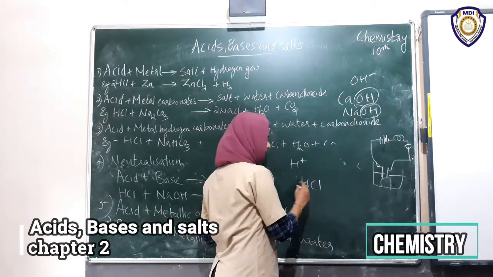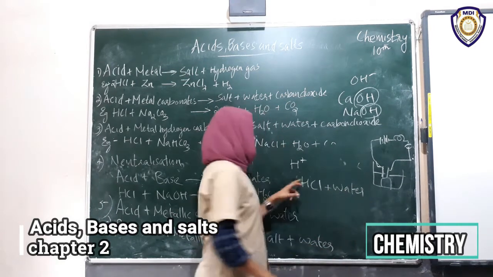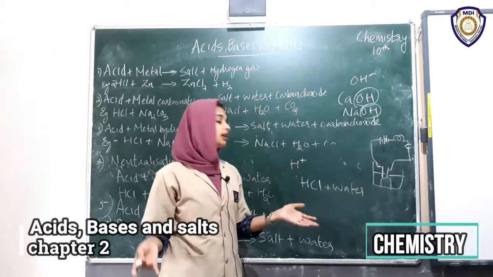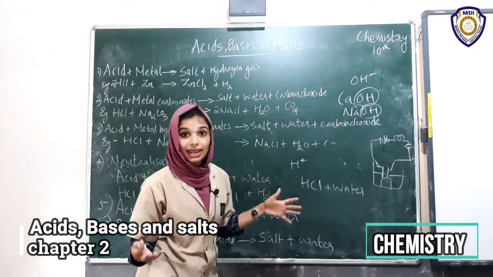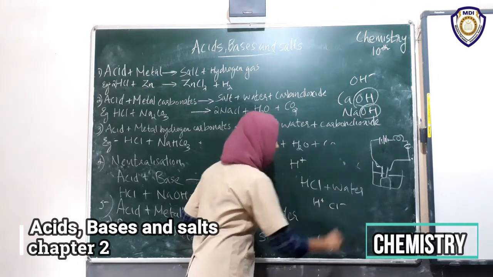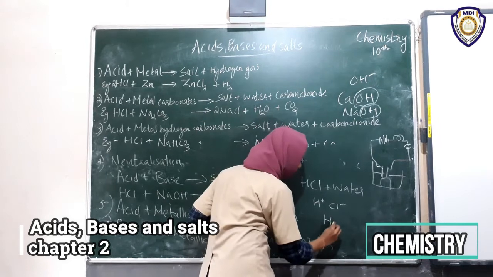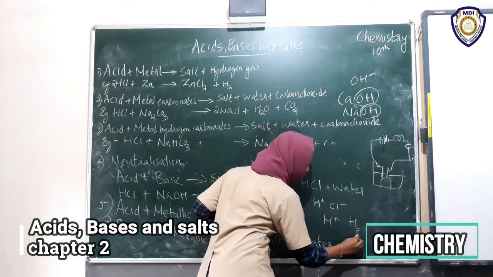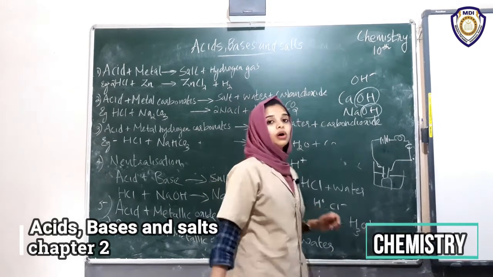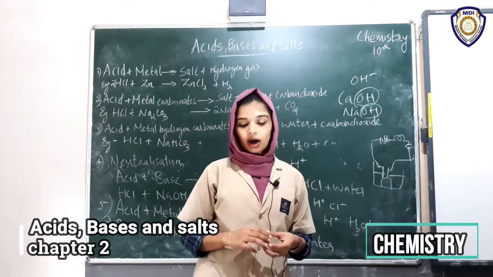But when we add it to water, the H plus and Cl minus get separated into ions. They form H plus ions and Cl minus ions. So H plus or H3O plus are the ions given by the acid when it is dissolved in water.